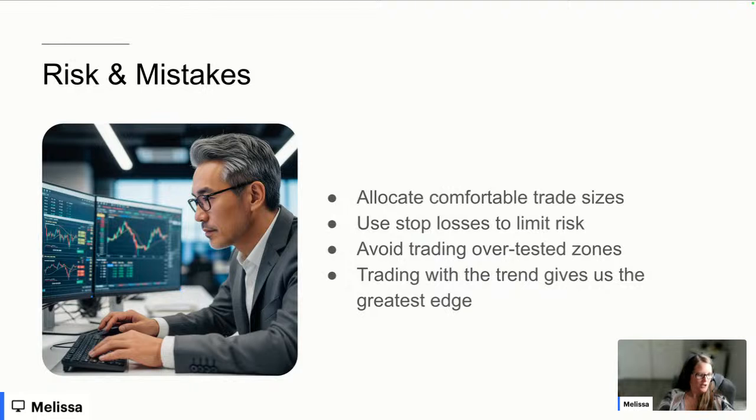We need to watch out for common mistakes, like don't ignore the overall trend. If you're trading from a daily chart and you're trading an imbalance zone and the trend is bullish, then my preference, or my bias, is looking for the dip buy zone.